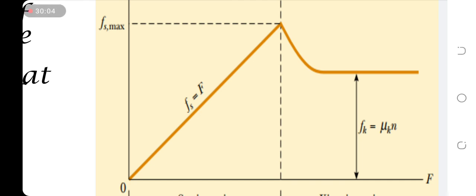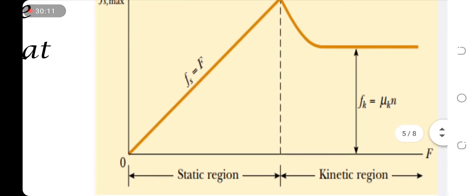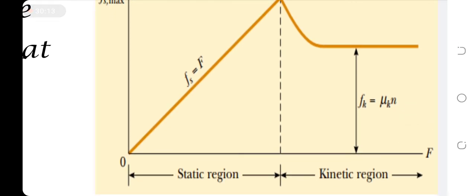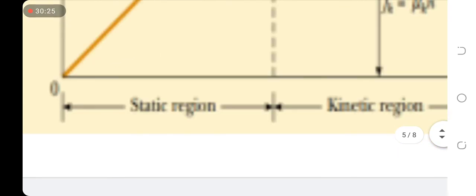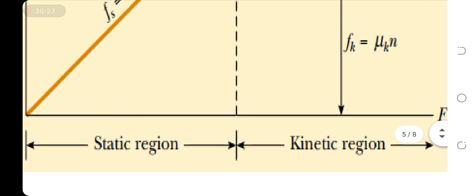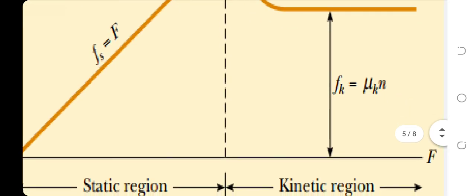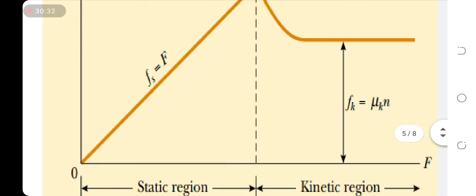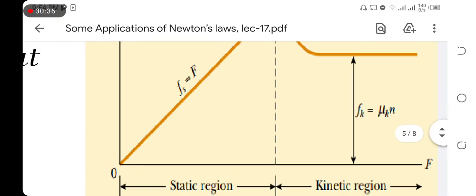Here the body is not static, but it started moving after Fs maximum. So this force will be regarded as kinetic friction. Kinetic friction and normal reaction also have their relationship. We have shown here the kinetic region too. So Fk, as we will study later, Fk is mu k into N.